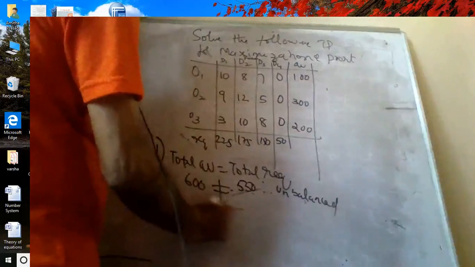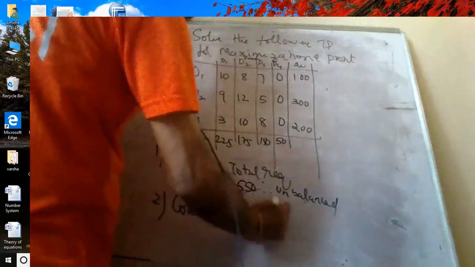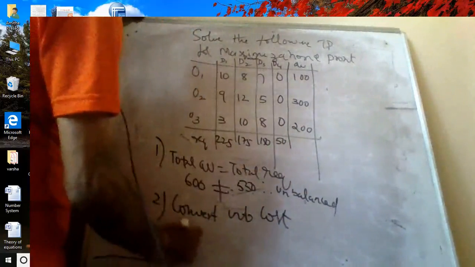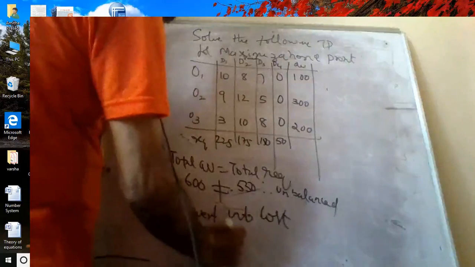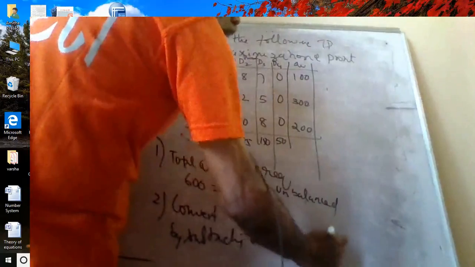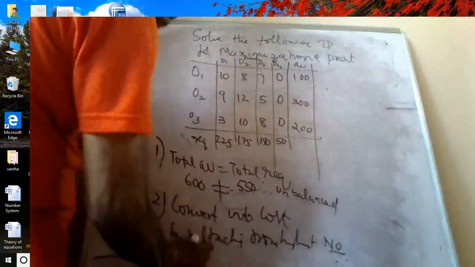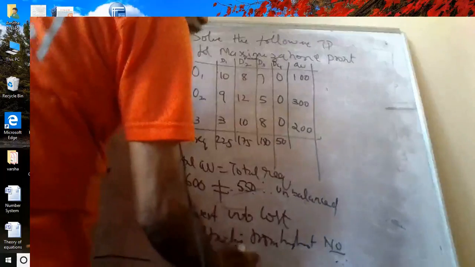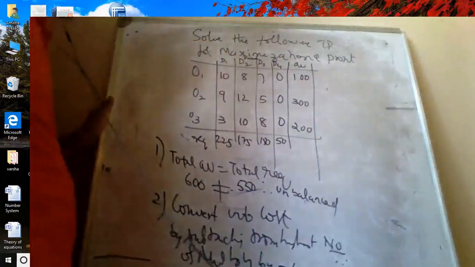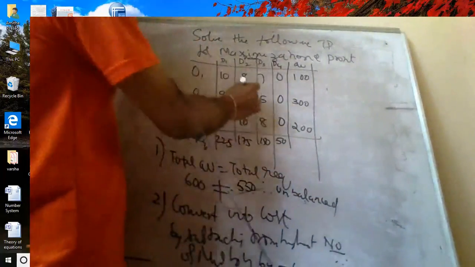Convert into cost. Very important step. By subtracting from the highest number, or multiplying by -1, but generally we don't do minus. So which is the maximum? 12.